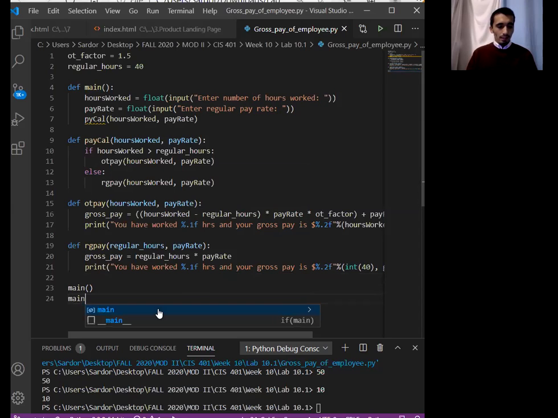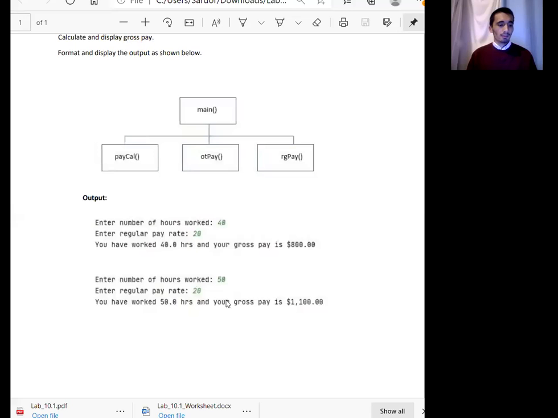And again. Good. Because the output is stating there's two, you're calling on it twice, and the user is inputting two datas.